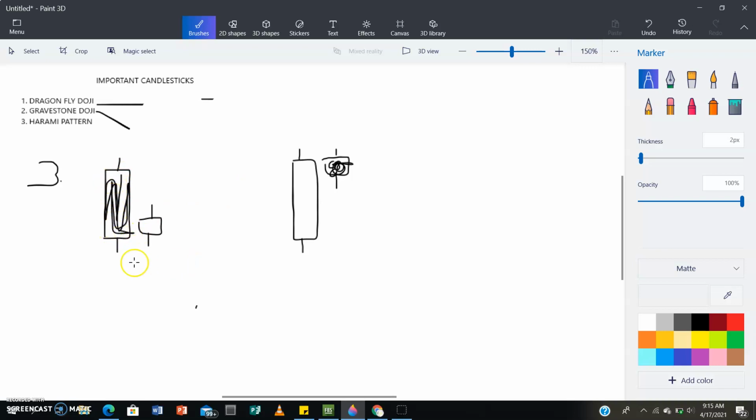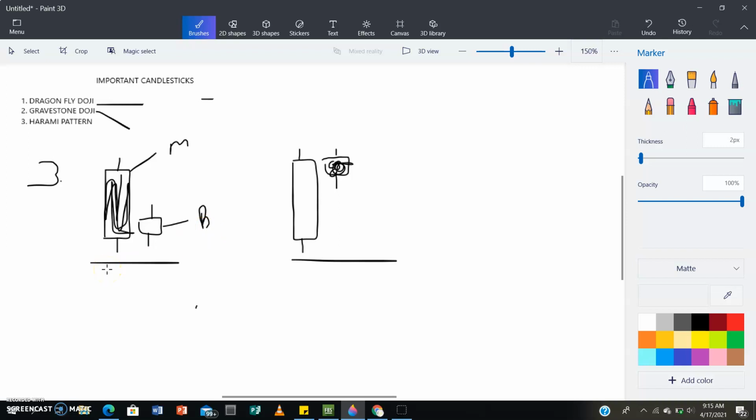Okay, so this is the bullish inside bar, and then this is the bearish inside bar. What it basically means is these patterns consist of two candlesticks. We have the larger one at the beginning, and then the smaller one, which is called the baby. This is the mother, and then this is the baby.